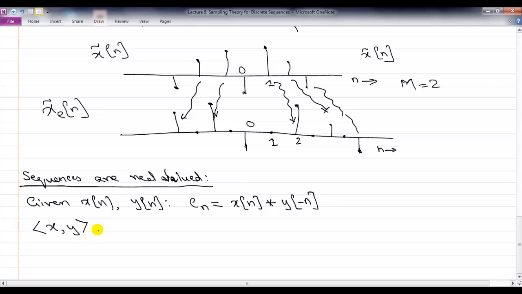We want to argue the same thing: that the inner product between x and y is simply the convolution of x[n] with the time reversed version of y[n], and then sampled at n equal to 0.